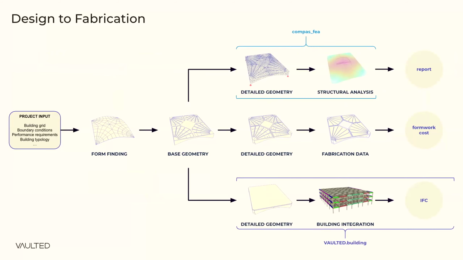Of course, parallel to the fabrication workflow, as we discussed last year, we have the structural analysis and the building integration. For structural analysis, you see that we're using COMPAS FEA, on which Ines will expand a bit later. And for building integration, we created a new package called Volted Building.